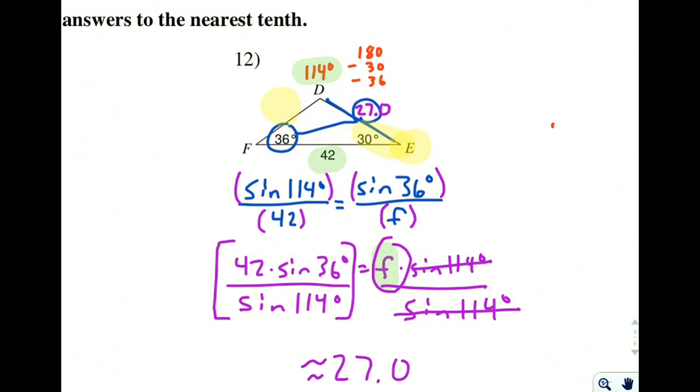And this time when we do it, I would always use your original pair that you found, in this case the 42 and the 114, with our new pair, the 30 degrees and the unknown. Reason you always go back to the original instead of using your new pair of 36 degrees and 27 is that you rounded on that 27.0. The 114 and 42 are exact, so you don't want your rounding error to build up.